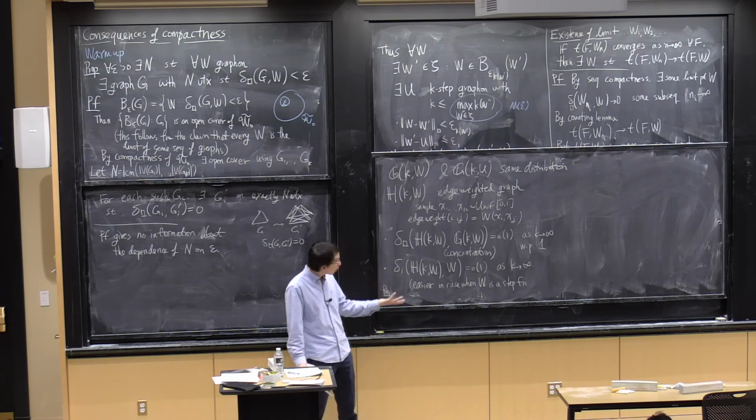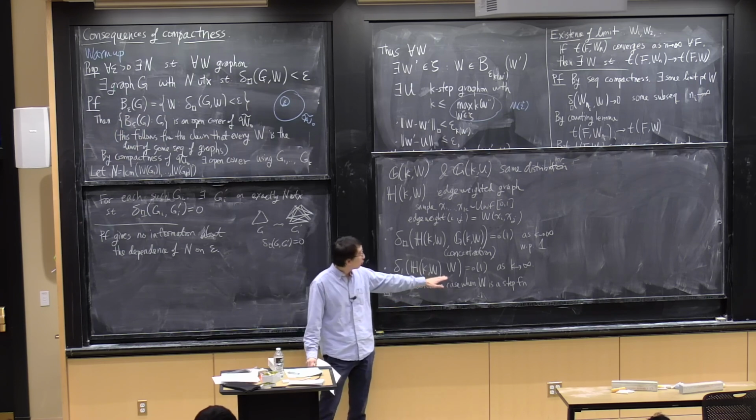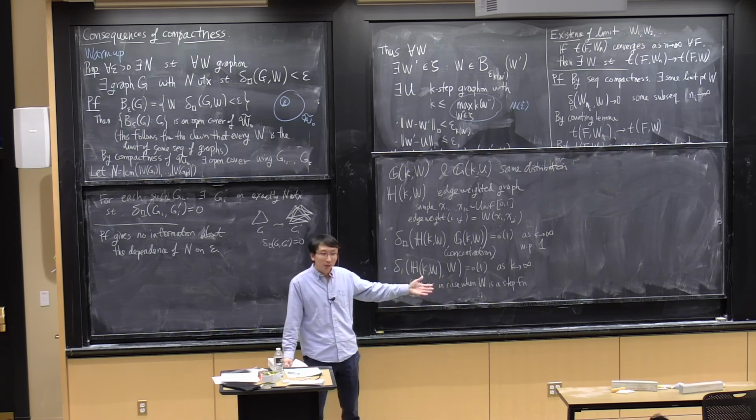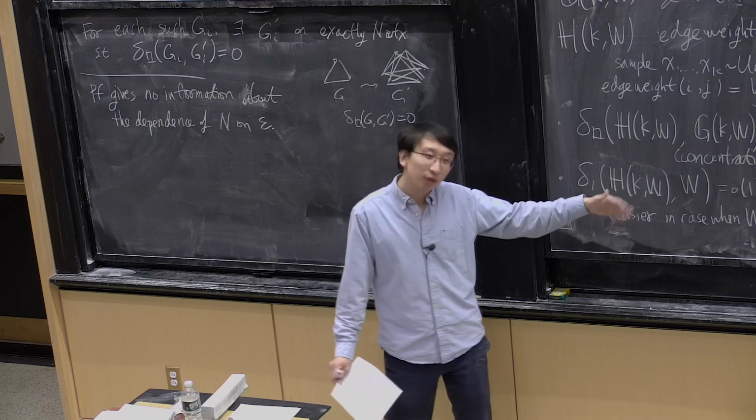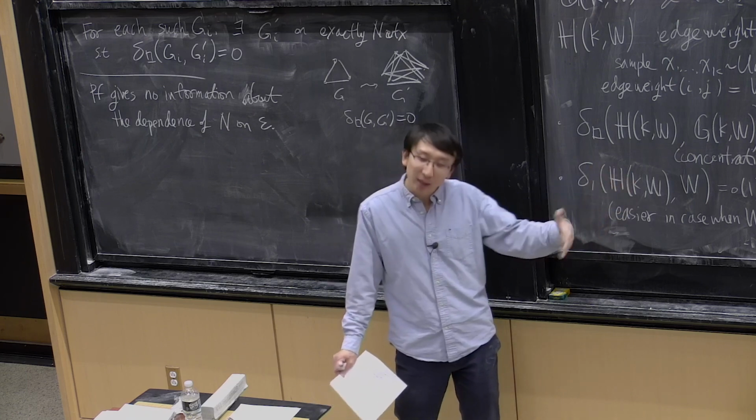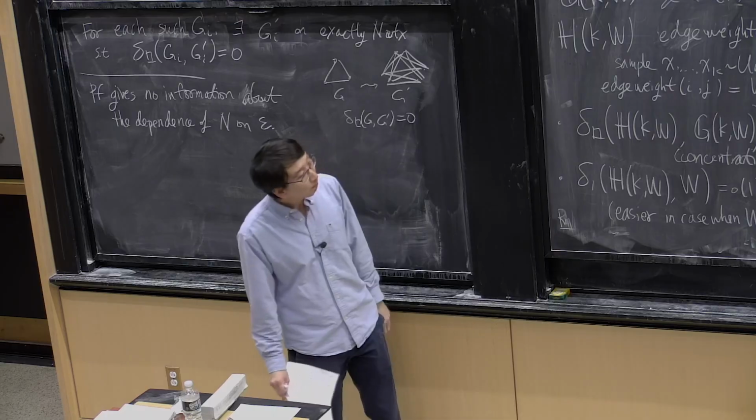So you first approximate W by a step function and prove this up to an epsilon approximation, and then let the steps go to infinity.